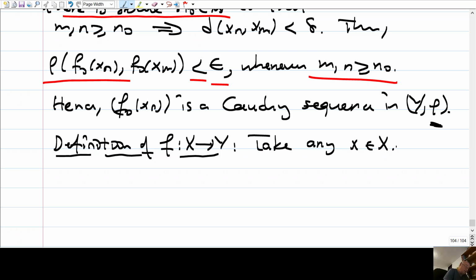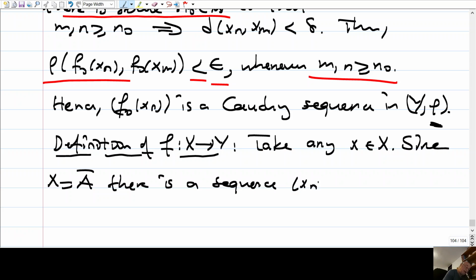But since A is dense, so the closure of A is equal to X, there is a sequence xn in A with limit xn equal to x. All right.